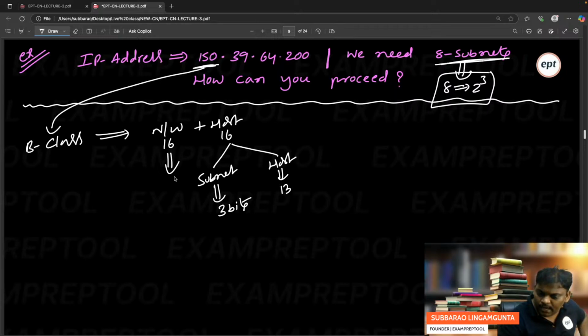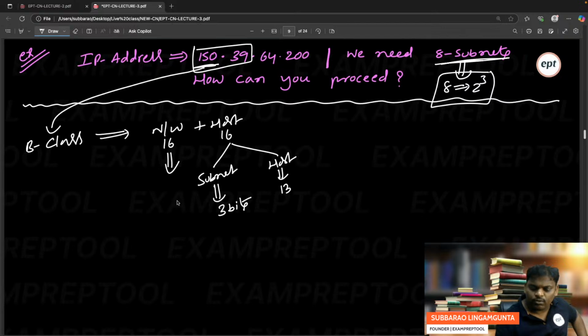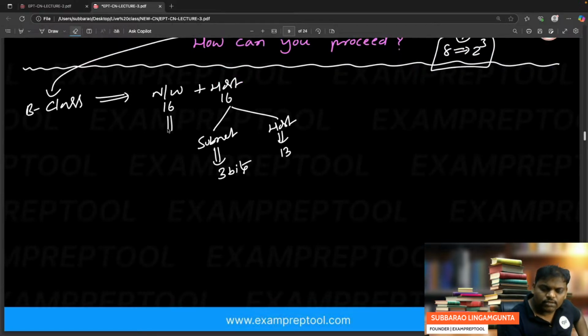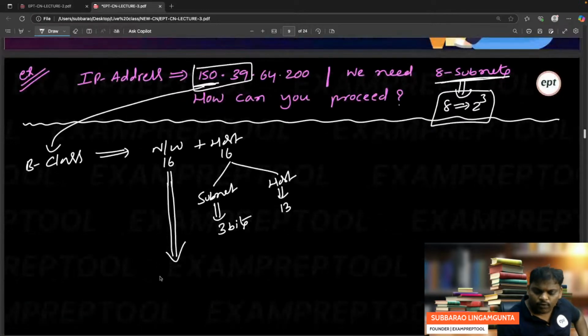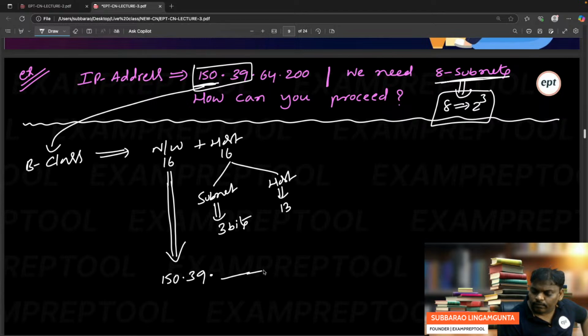Now the IP is already given, 150.39. So the network area has no change, it stays as it is: 150.39. But everyone be careful, the remaining 16 bits are 8 bits and 8 bits.